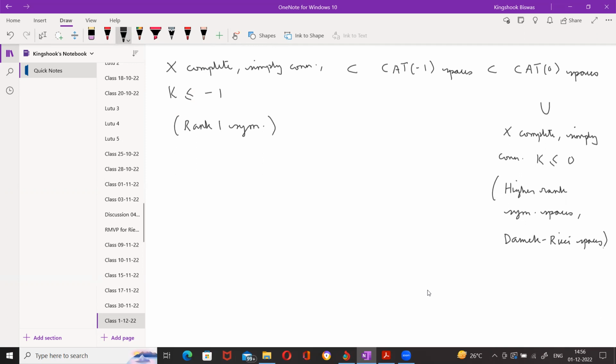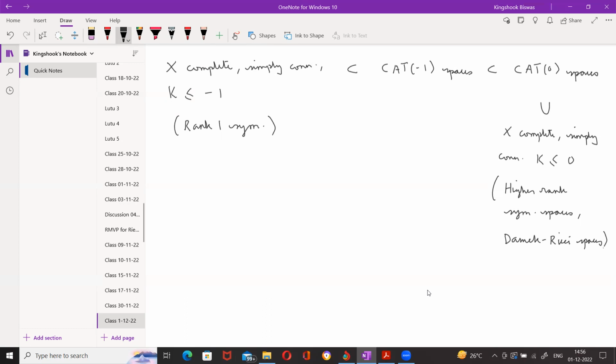CAT(-1) is both local and global, because you're talking about all triangles, which could be very large or very small. Same for CAT(0). So CAT(-1) and CAT(0) are for all scales.